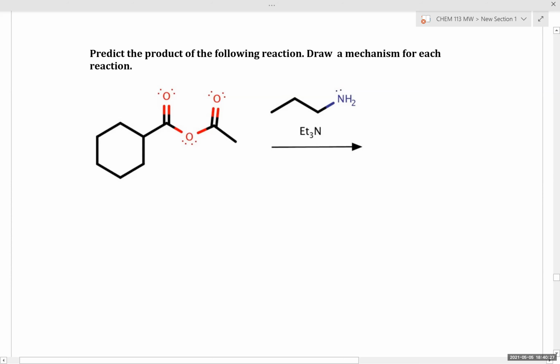So we have our nucleophilic amine and we have this electrophilic anhydride. So what will happen from here? Yep, our nucleophilic amine will attack the electrophilic anhydride carbonyl carbon.